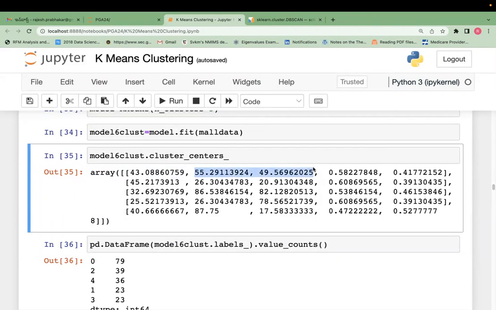Looking at annual income and spending score: annual income high, spending score high is this category, which is a cluster. Cluster 3 has higher annual income and higher spending; second highest income and second highest spending score is this one. Look at this cluster, they have higher income, but here they have lower income.